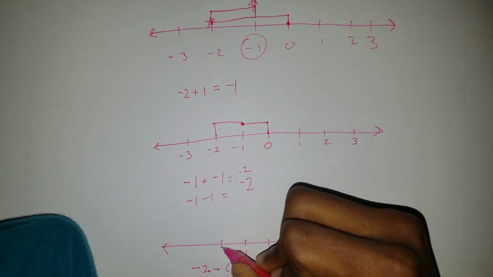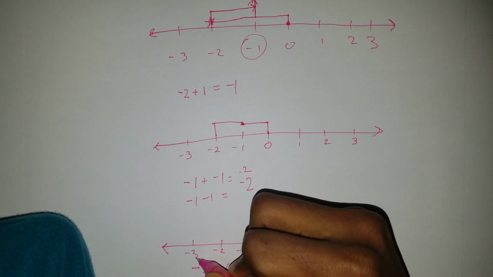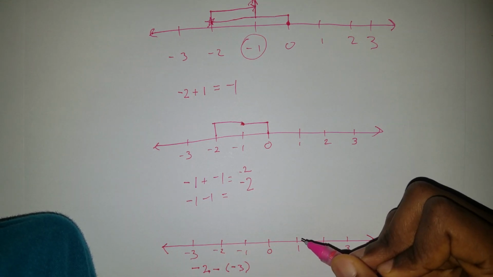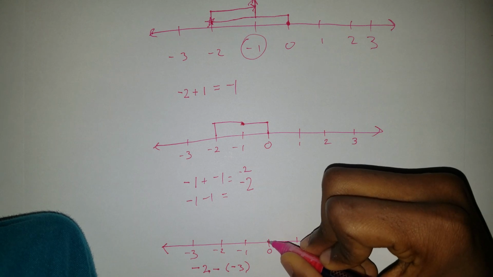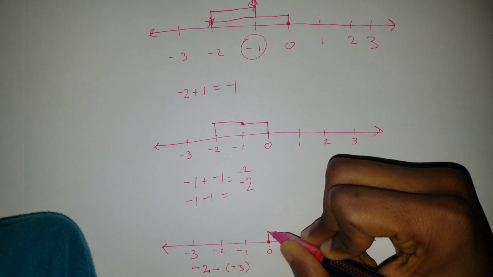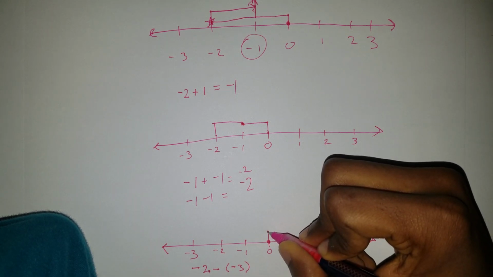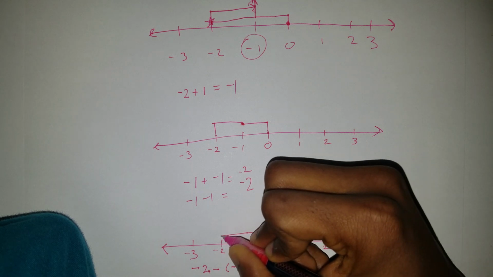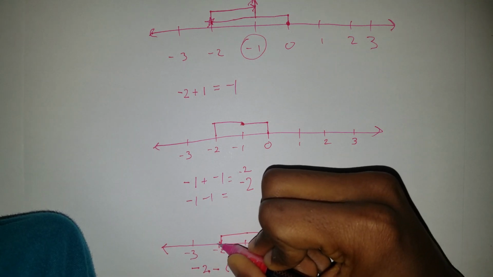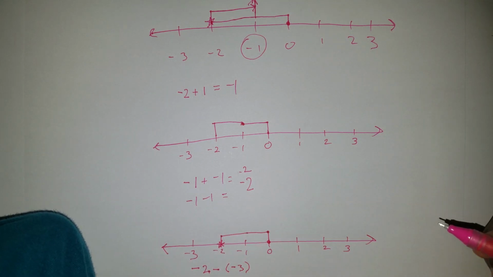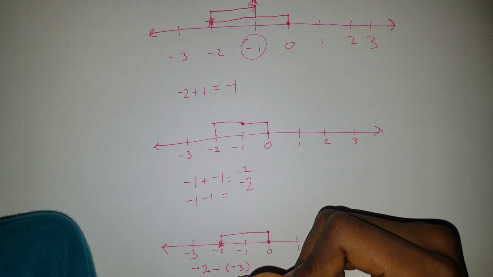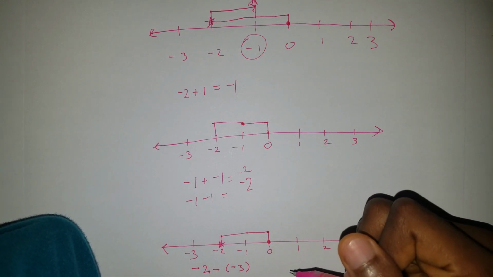So we're drawing the number line now. So of course we start at 0, we pick up, we go left, -2, 1, 2. So now we're at -2. And now it says minus -3.